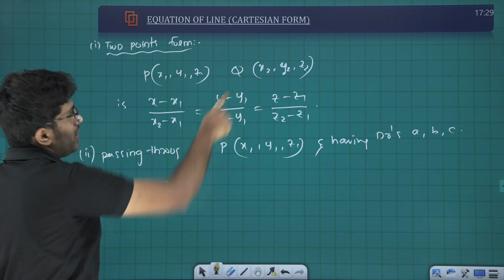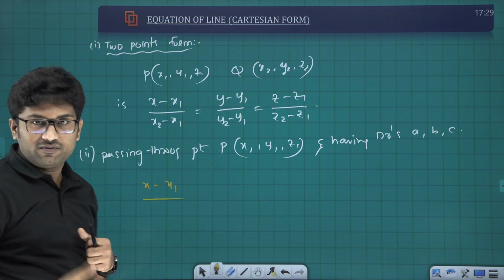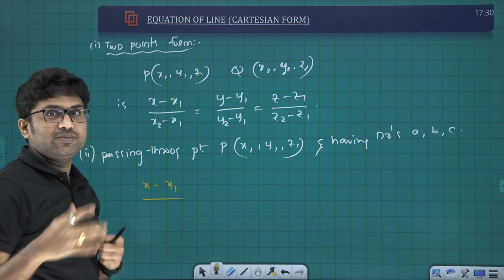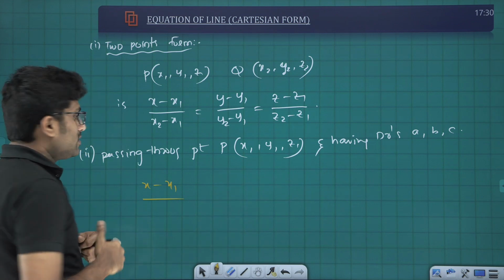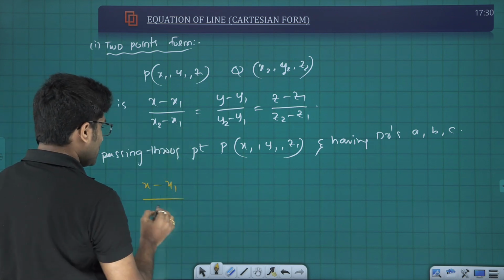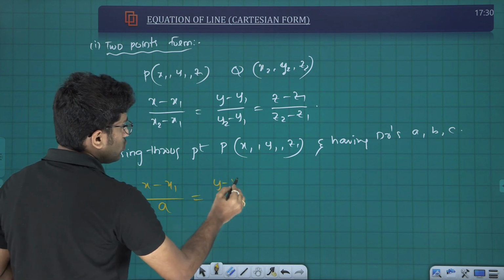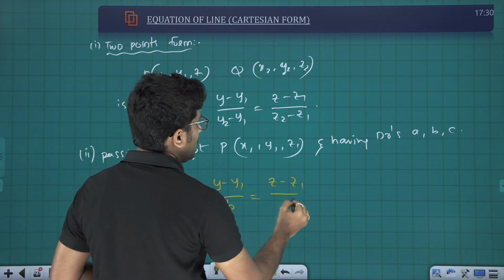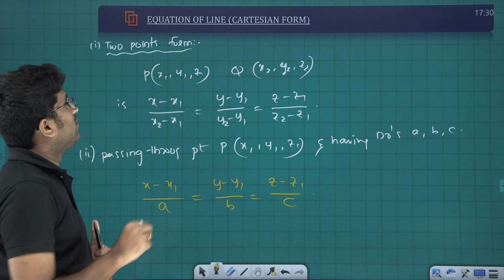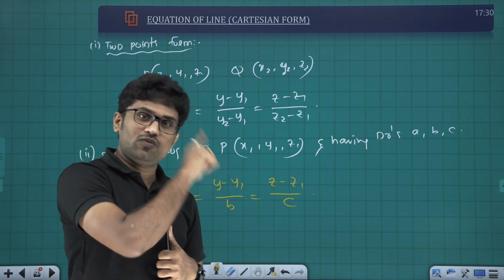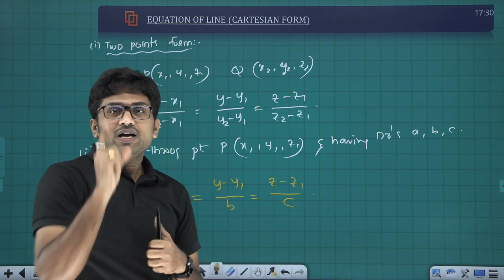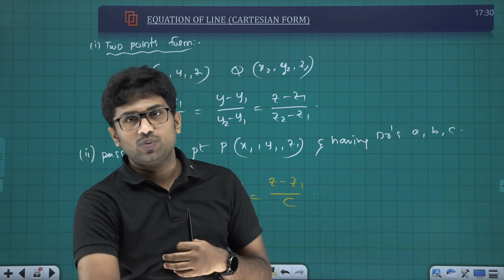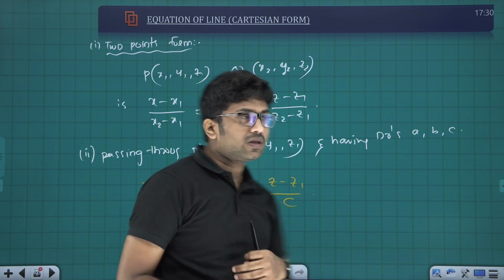If 2 points where the line is passing through are given, then DRs will be x2 minus x1, y2 minus y1, z2 minus z1. In this case they have already given them. So (x minus x1) divided by a equals (y minus y1) divided by b equals (z minus z1) divided by c. These two are the different forms of line in both vector form and Cartesian form. A student should be able to convert from vector to Cartesian and Cartesian to vector in no time.